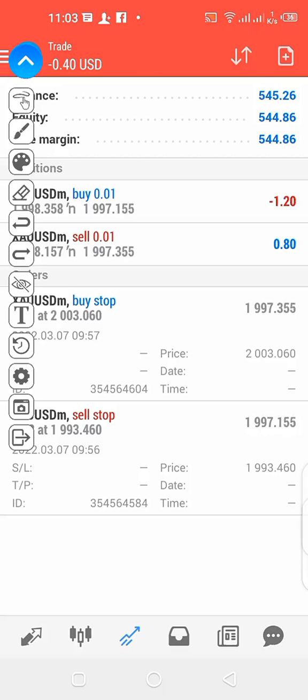So don't forget the take profit is 30 pips. The edge spacing is 49 pips.